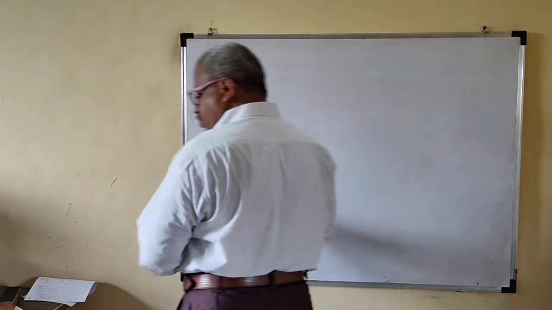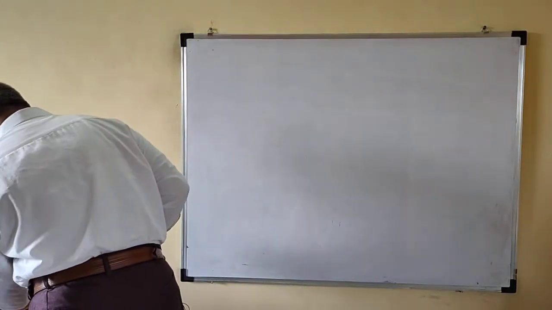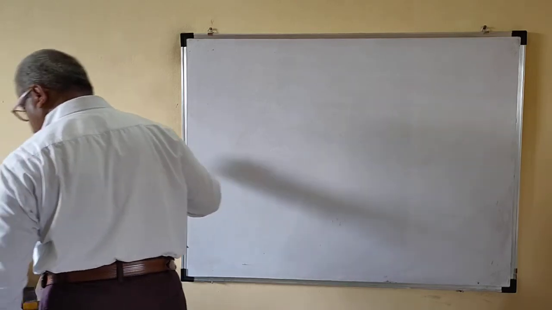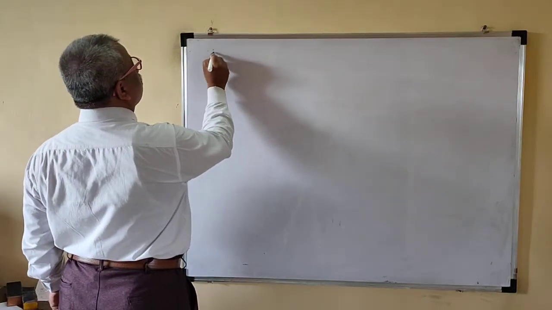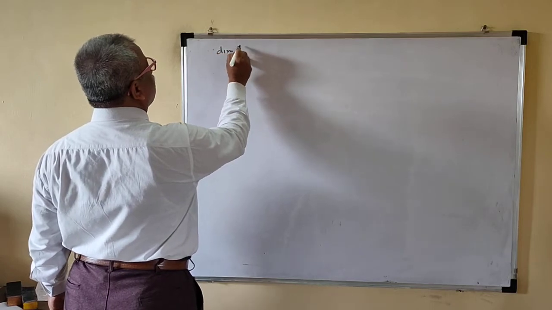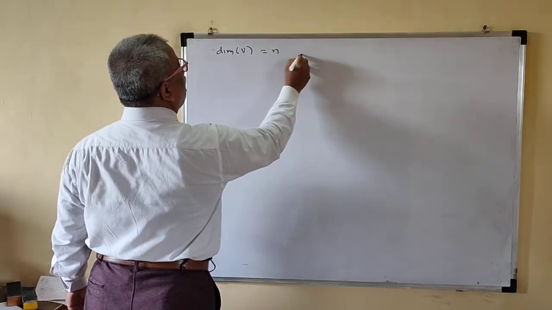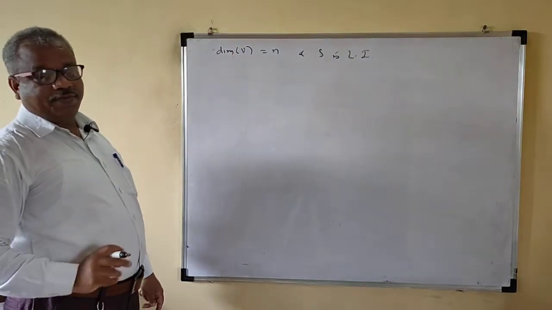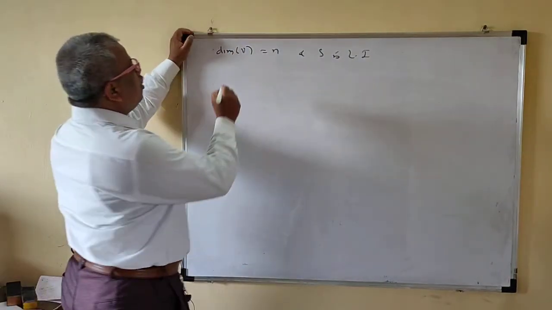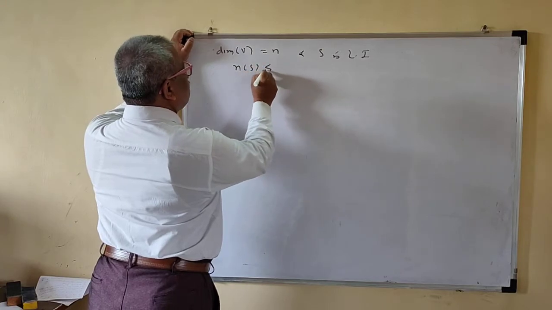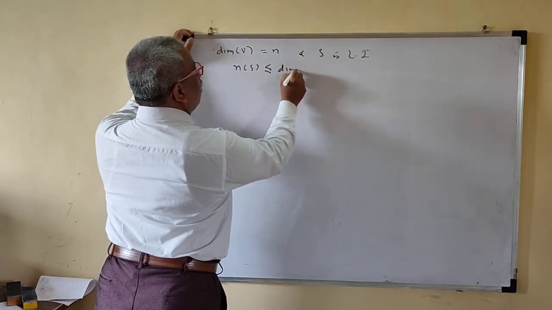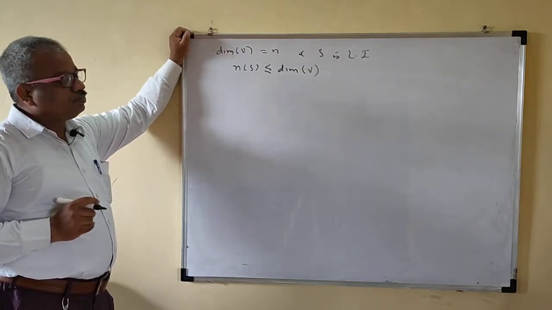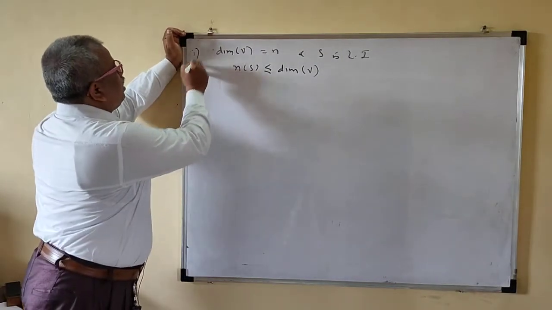So this is again an important theorem. Suppose the dimension of V is equal to n and S is linearly independent. Then the number of elements in S is less than or equal to the dimension of V. This is very important.